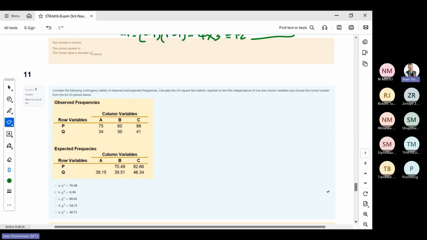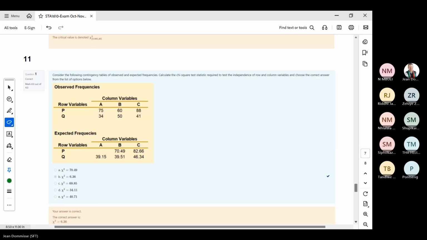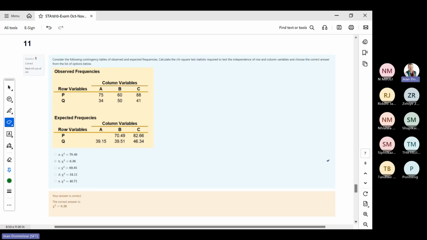Okay, this is a bit now where you need to do a bit of work. So consider the following contingencies. Calculate the chi-square test required. Okay, so first you needed to work out this value.